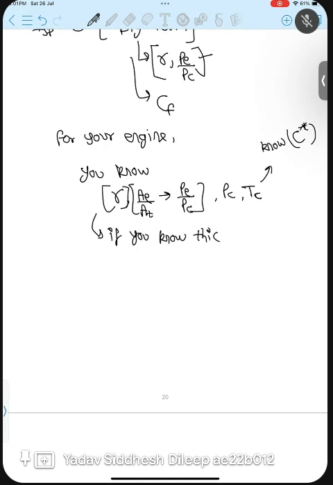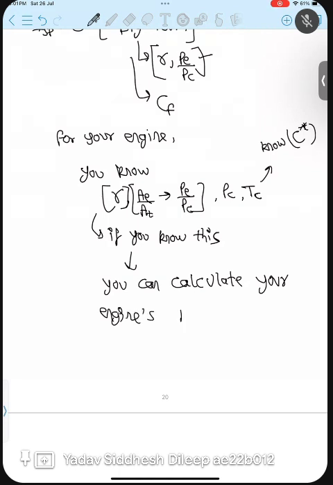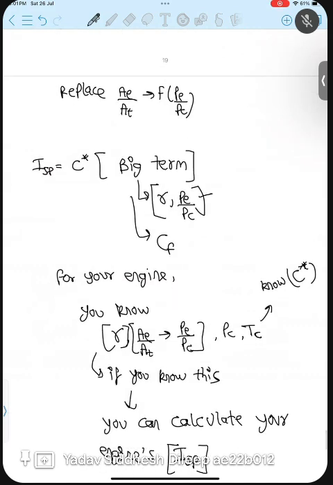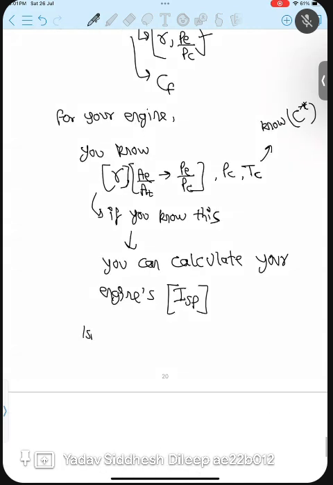So if you know this, you can calculate your engine's ISP. So I was writing in the previous classes that ISP equals C star into CF.